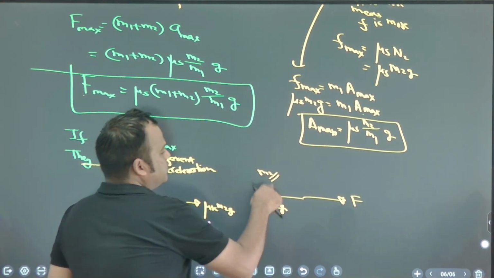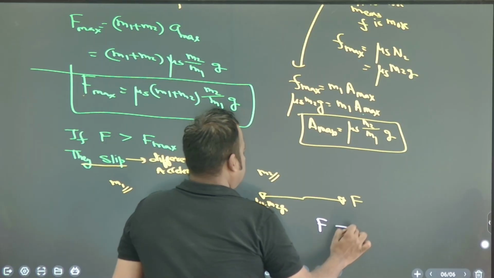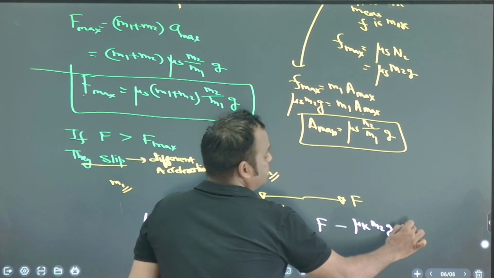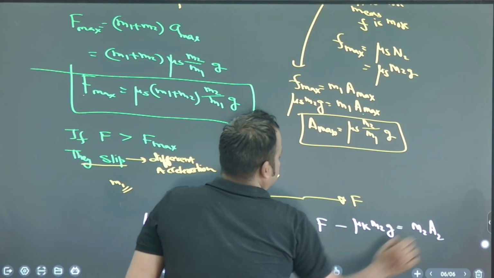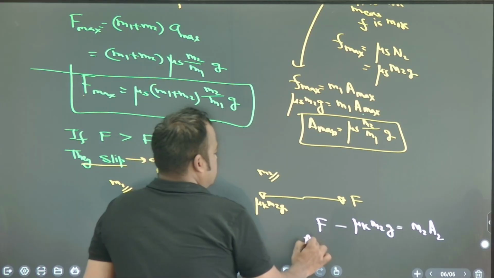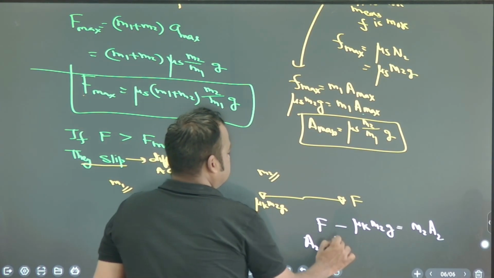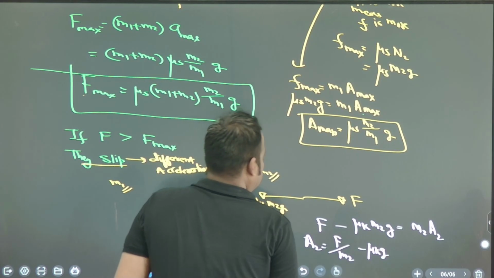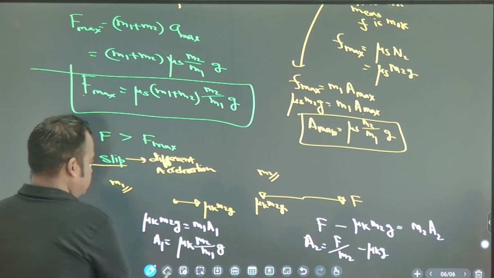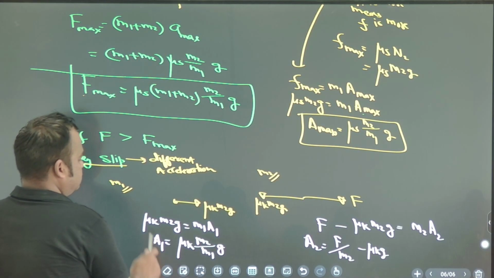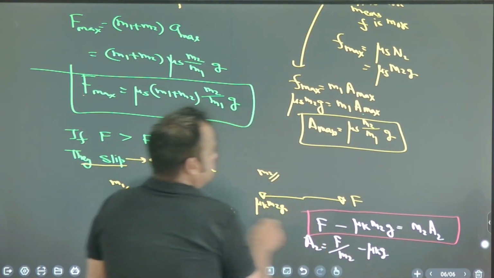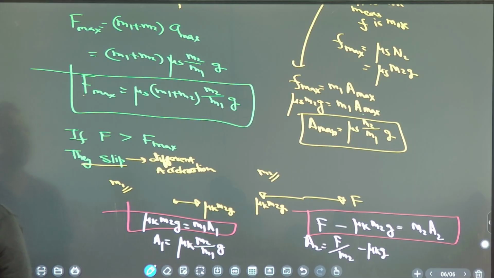How to find acceleration of M2? F minus mu k M2 g is equal to M2 A2, so A2 is F by M2 minus mu k g. Note down. These are the equations.